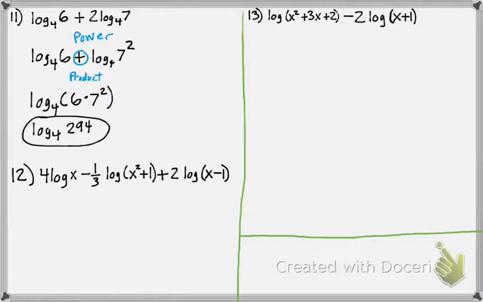With number 12, we want to use the power rule. So that would mean this would be log of x to the 4th. I am going to leave the negative sign there. This would be log of x squared plus 1 raised to the 1/3 power plus log of x minus 1 squared.